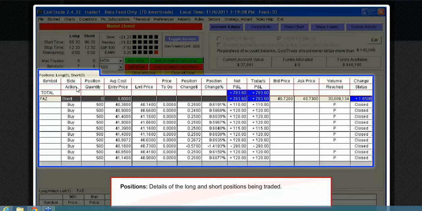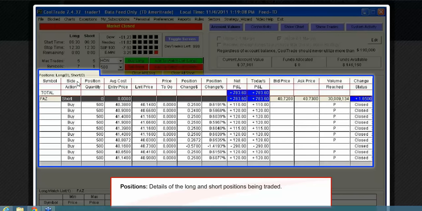And then the side and action. The side is telling you if you have a long position or a short position. So a long position, you enter the position with the expectation that the stock is going to go up in price, and that's how you're going to profit. On a short position, you're actually expecting the stock to go down, and you have the ability to profit from that as well.